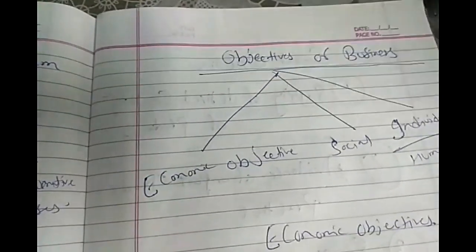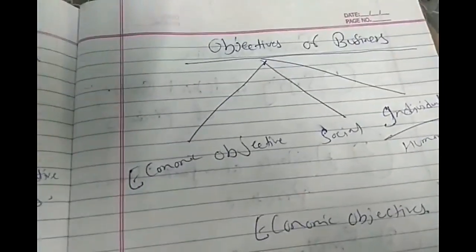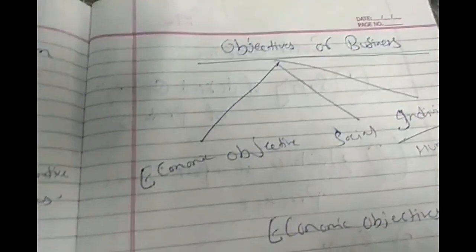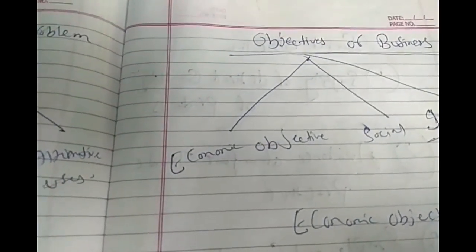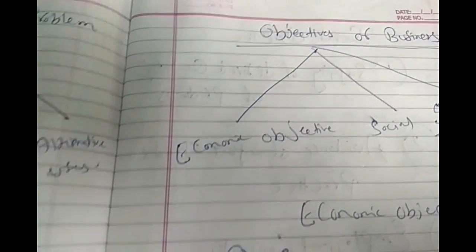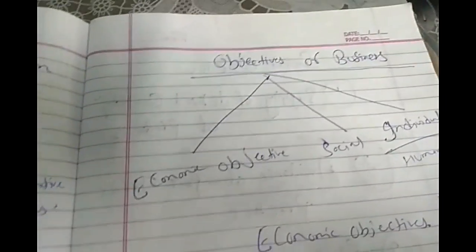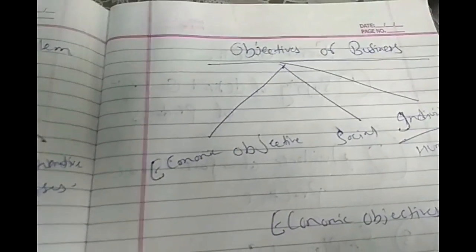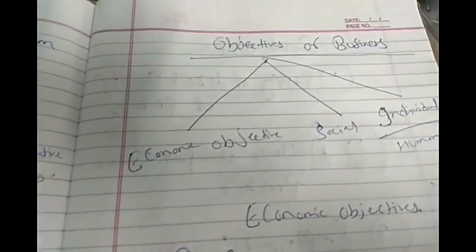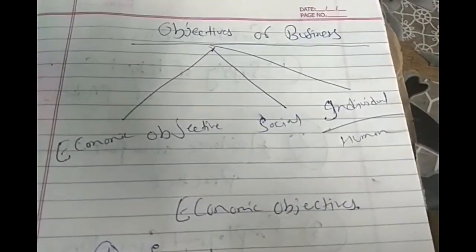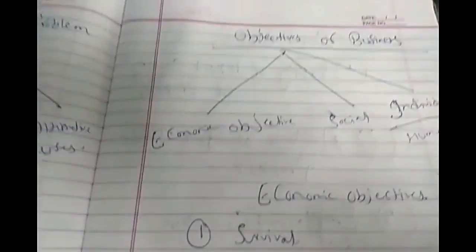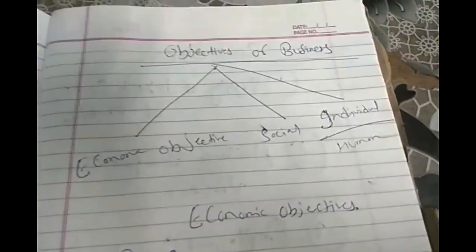So they do not have only a single objective, they have multiple objectives, and they have to achieve them to survive in this competitive market and earn more and more income. The common objectives that every businessman has are economic objective, social objective, and individual, or we can say human, objective.